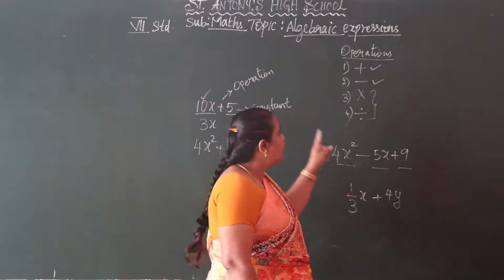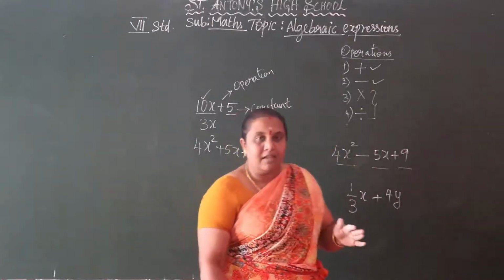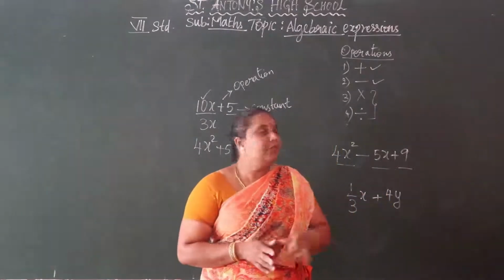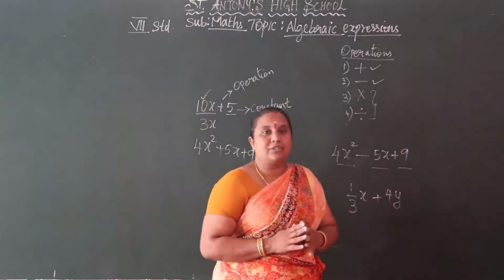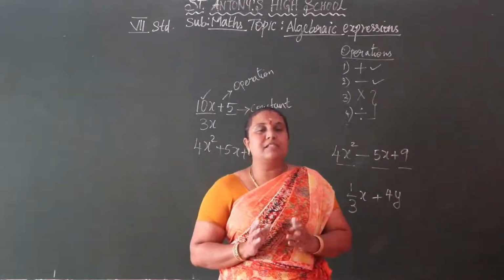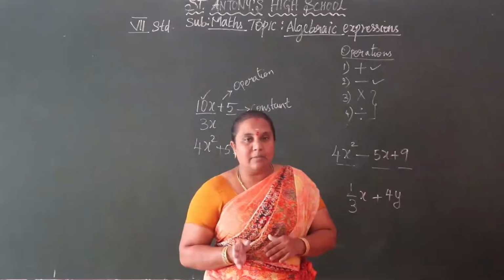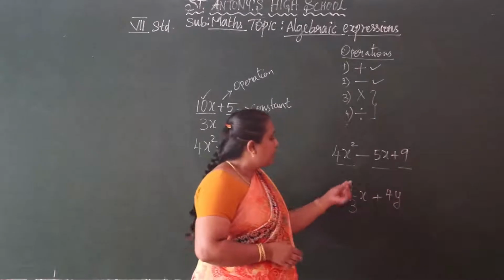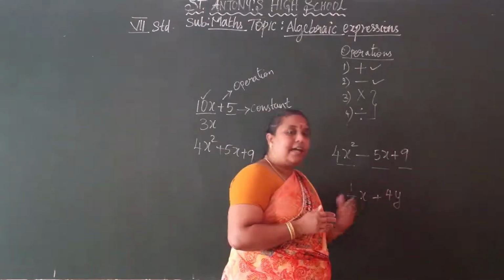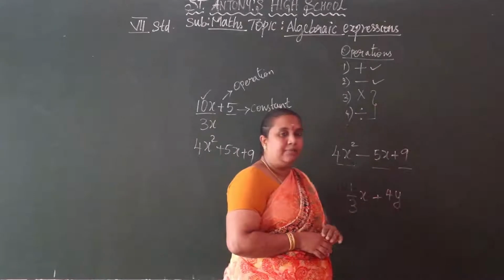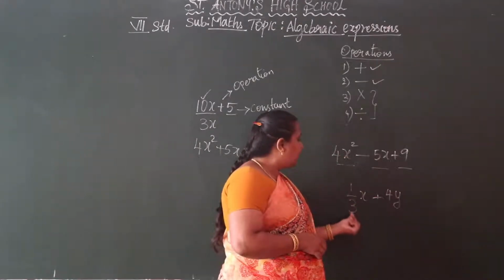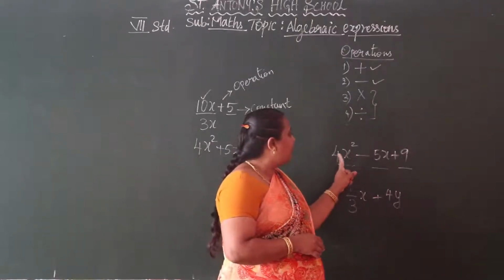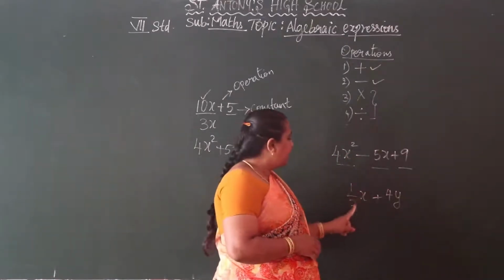Understood, children? Keep this concept in your mind. This concept is very easy. Only one concept you have: addition and subtraction divide the terms in an algebraic expression, and multiplication and division signs do not. So 4 is multiplied by x square and x is divided by 3.